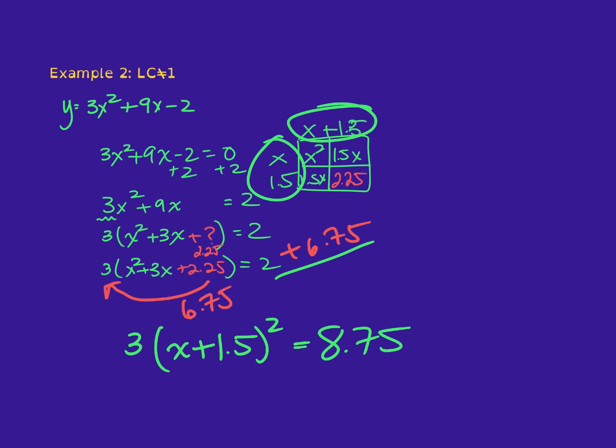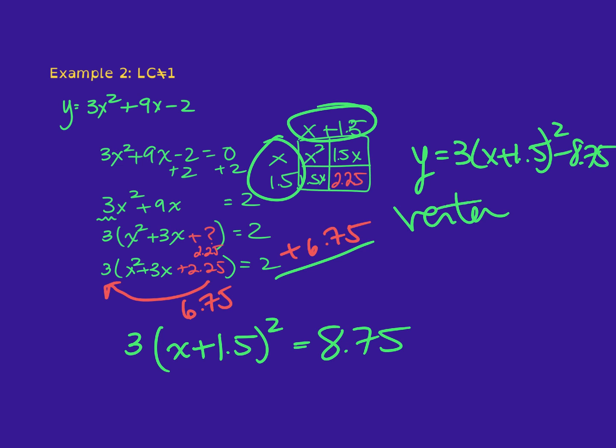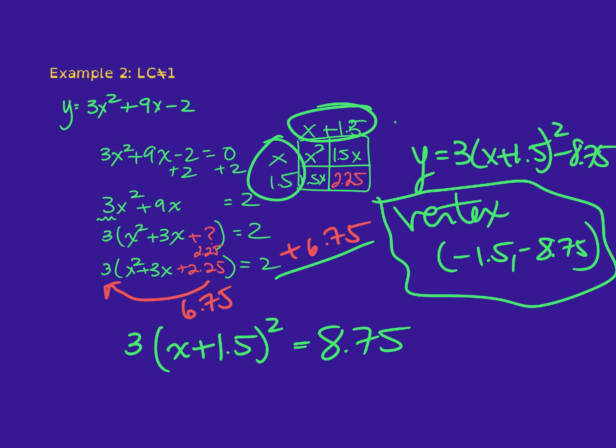If we rewrite it in vertex form, it gives us y equals 3 times x plus 1.5 squared minus 8.75. Our vertex will be negative 1.5 comma negative 8.75. Okay, and our vertex form is here.